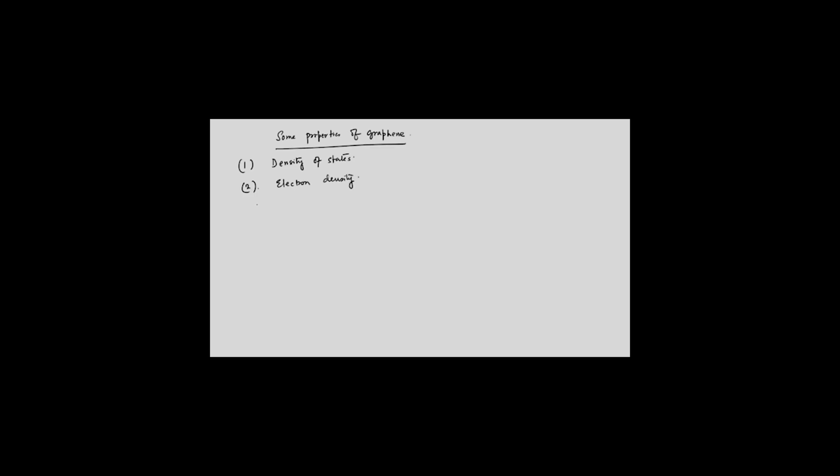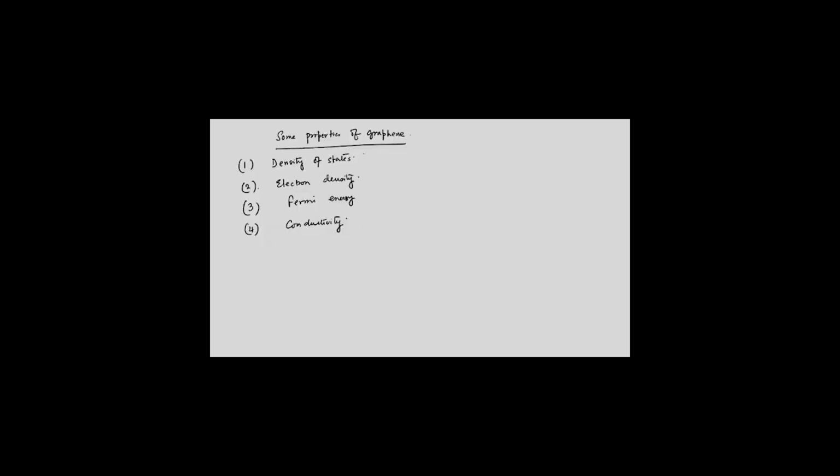And then we will of course talk about the Fermi energy in graphene. We will also talk about conductivity and so on. As I said, these are precursors to understanding the quantum Hall effect in graphene, and in general they are interesting even without mention of the quantum Hall effect.